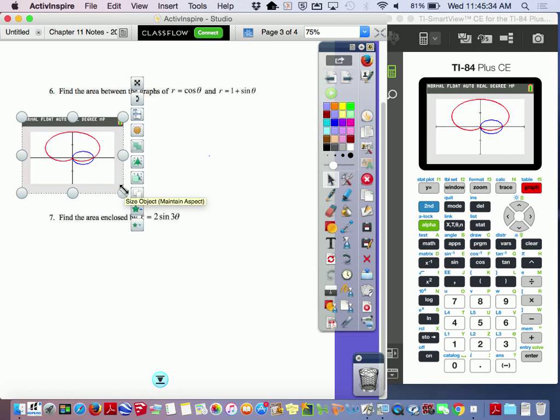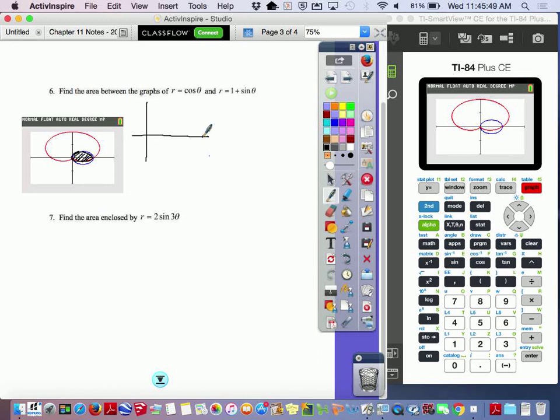Okay. So, much better. What we are looking for is all of this area right here. Now, if I zoom in on that, we've got no symmetry in this one.